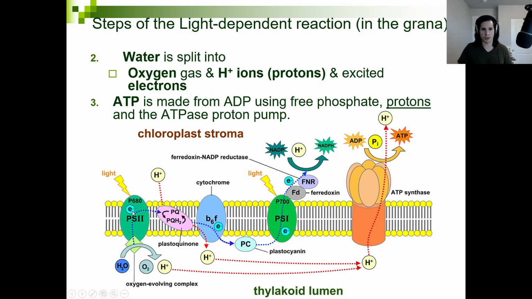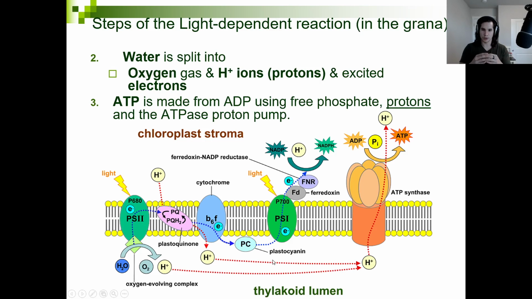So that electron is going to bounce from protein to protein to protein. And in the process, kind of like when we talked about the electron transport chain in cellular respiration, it's going to move hydrogens from the stroma of the chloroplast into the thylakoid lumen.